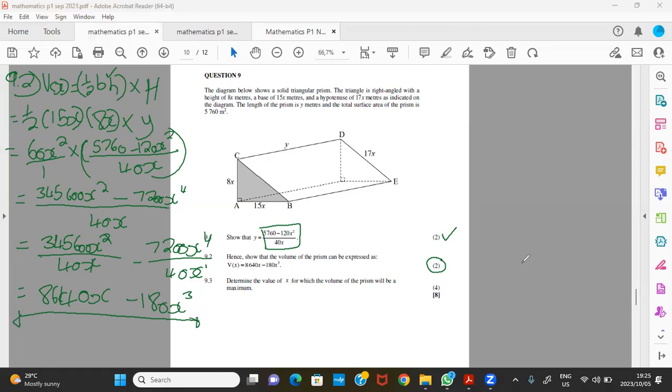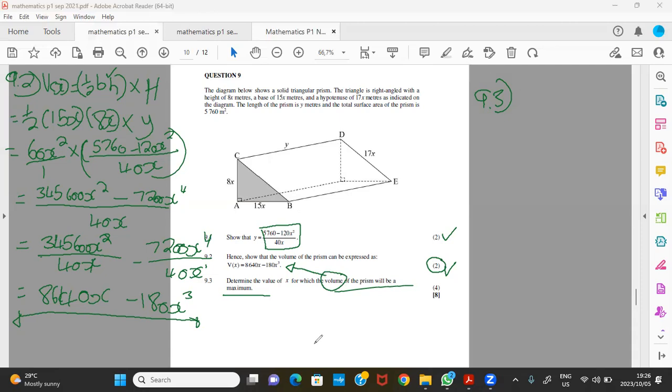Then last but not least, this is the last one. They say now determine the value of x for which the volume of the prism will be a maximum. Don't forget, we are dealing with calculus.